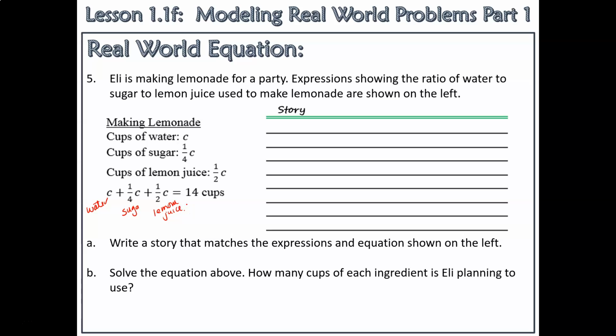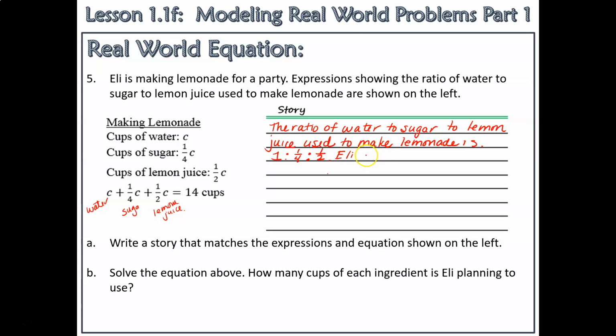So let's write a story. It would go something like this. The ratio of water to sugar to lemon juice used to make lemonade is 1 to 1/4 to 1/2.